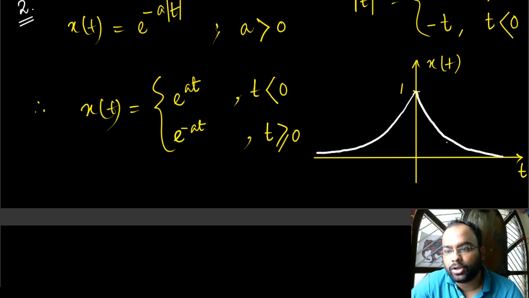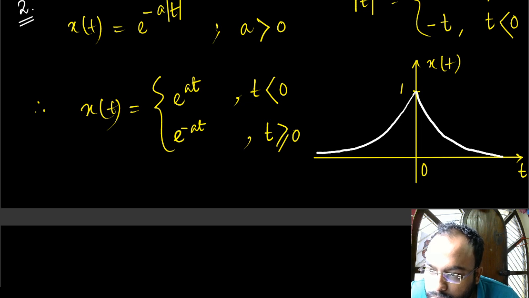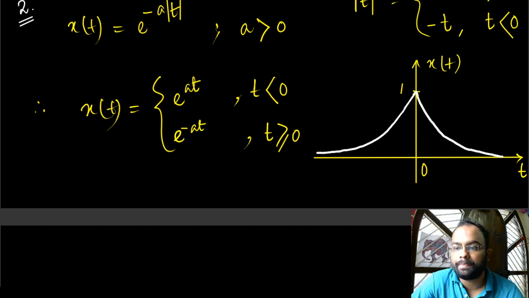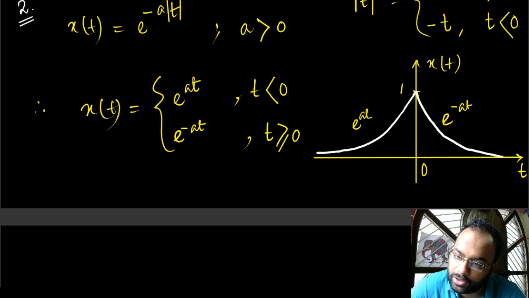So basically, as long as t is positive, there is a sharp point here, right? My idea is that when t is positive, this signal decays like e to the power minus at, and when t is negative, this signal decays as e to the power at.